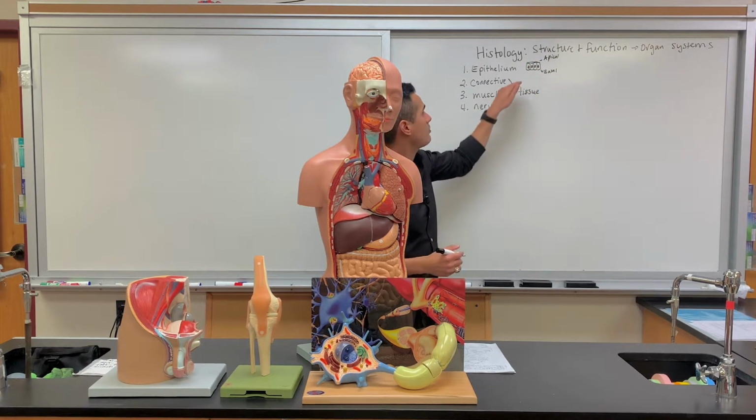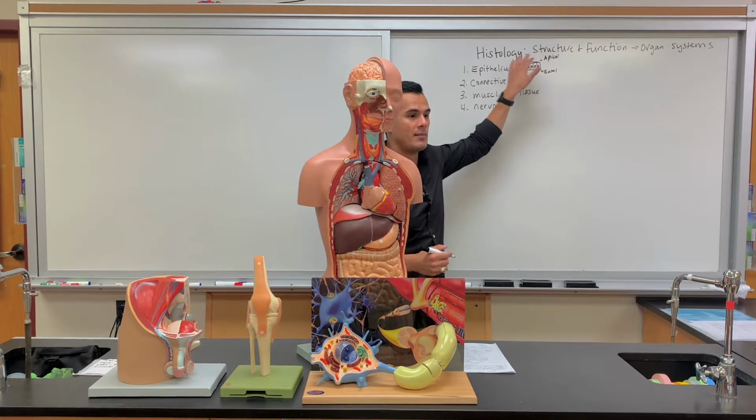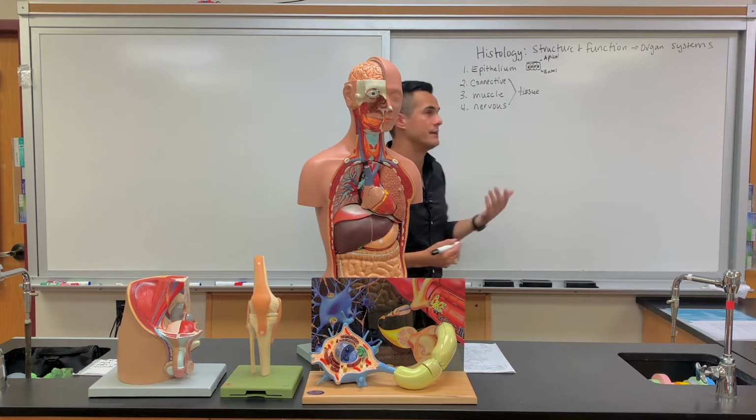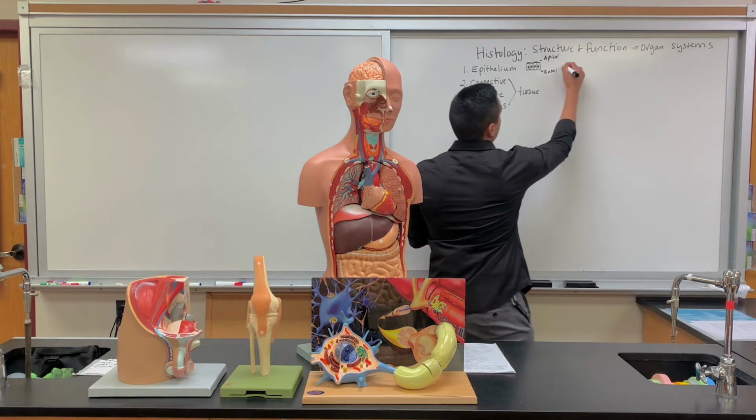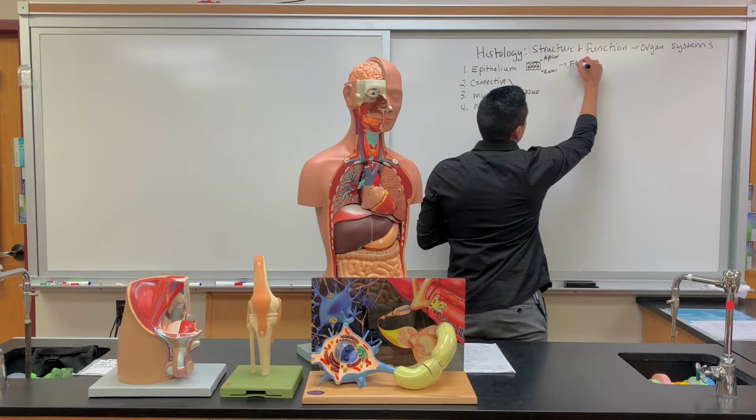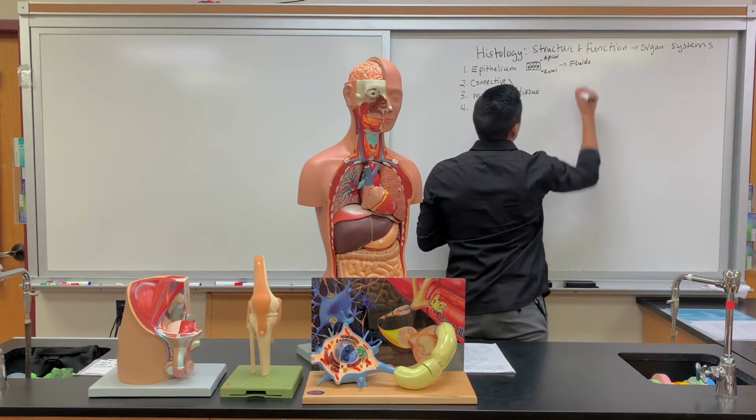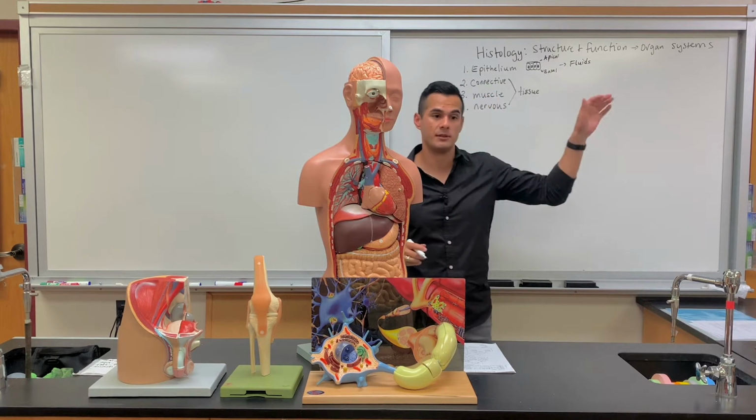And so what's primarily going on here at the apical layer of epithelium, mostly, what it interacts with is fluids. So a lot of fluids are going to be passing through this epithelium.